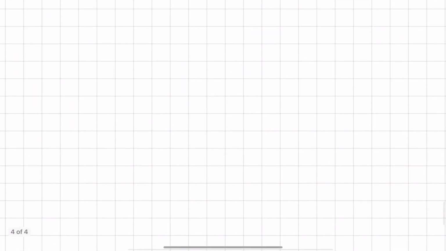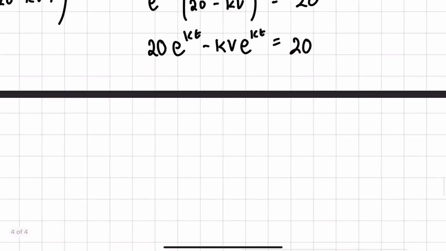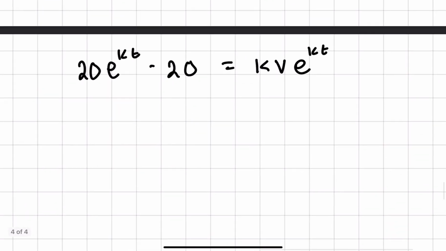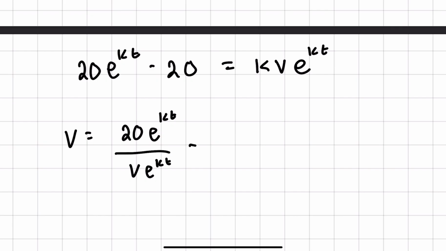So 20 e to the kt minus 20 equals k phi e to the kt. I can divide everything by k e to the kt. So volume equals 20 e to the kt over k e to the kt, minus 20 over k e to the kt.